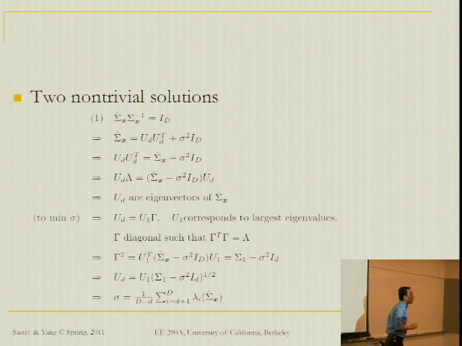Yes? Back up one step. So the UD are the eigenvectors of sigma hat x. So what happened to the other term inside the brackets? Oh, yes, good question. The other term, the second term in the bracket, is also a diagonal matrix, so it doesn't affect the fact that it is still an eigenvector.